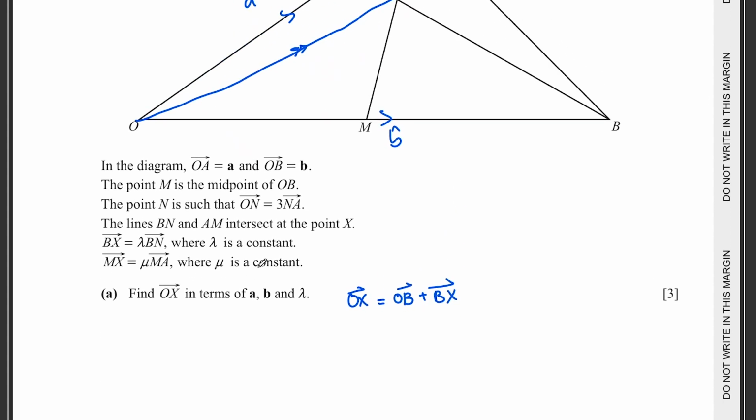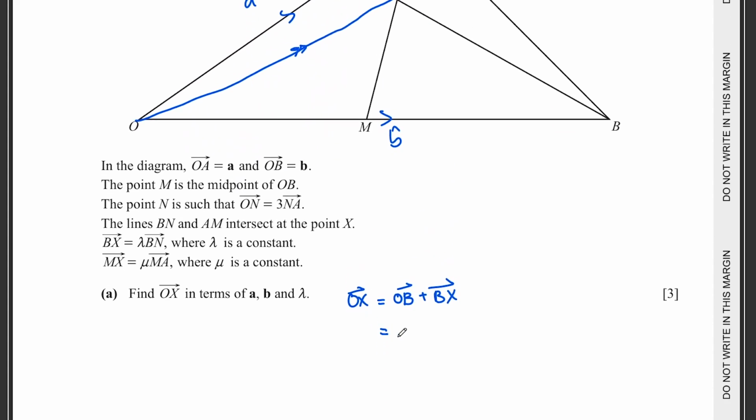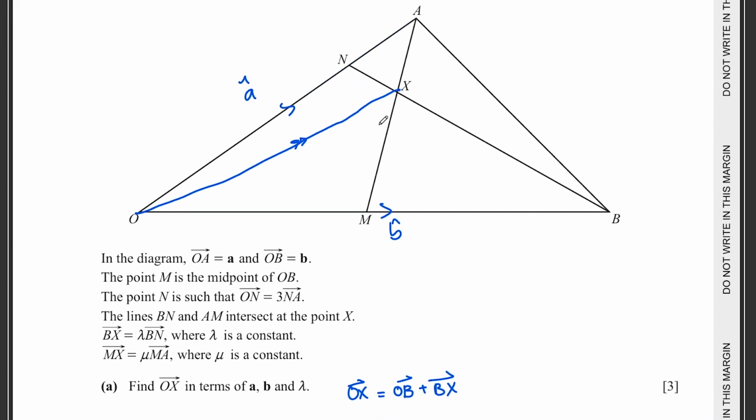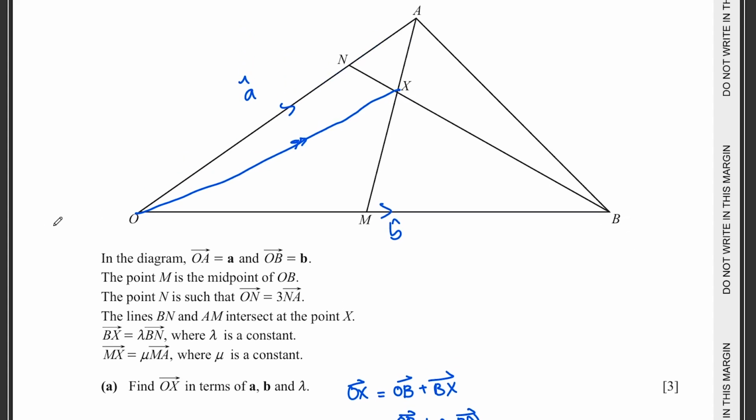First of all, BX, how do we write it? BX we can rewrite as lambda multiplied by BN. And BN we can write as BO and ON.